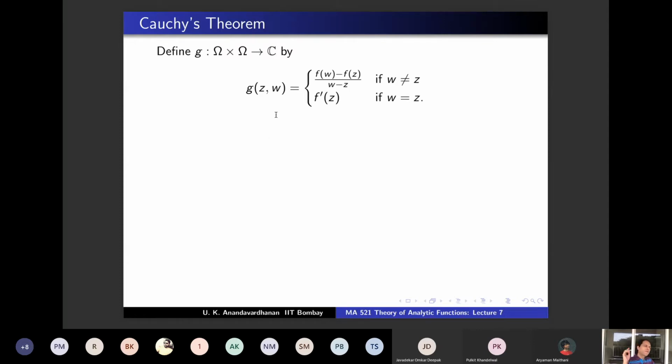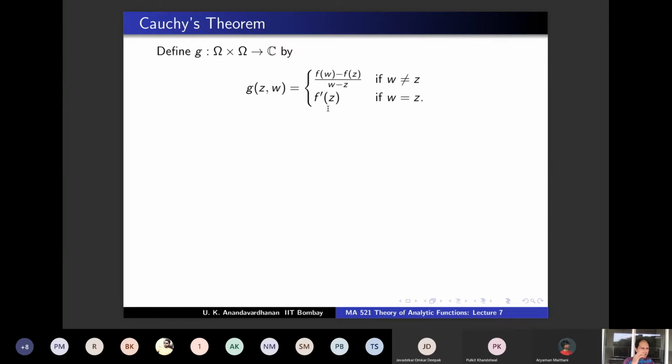Even in the proof of our local Cauchy integral formula over a convex set, we used this function, but it was a function of one variable. You fix this part and consider it as a function of z alone, and then the continuity is obvious.